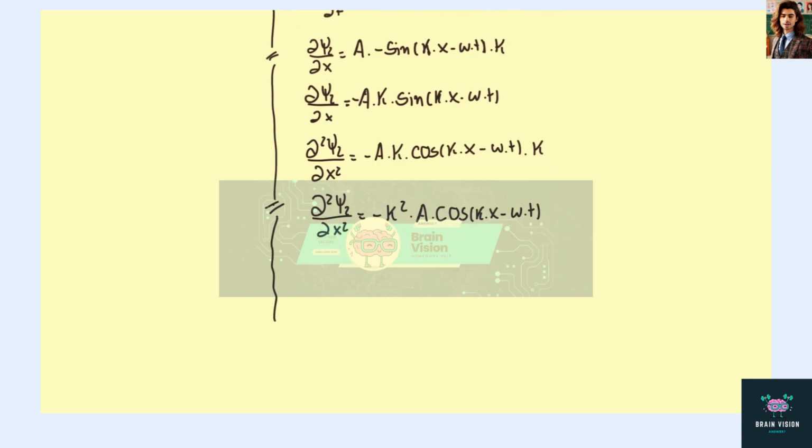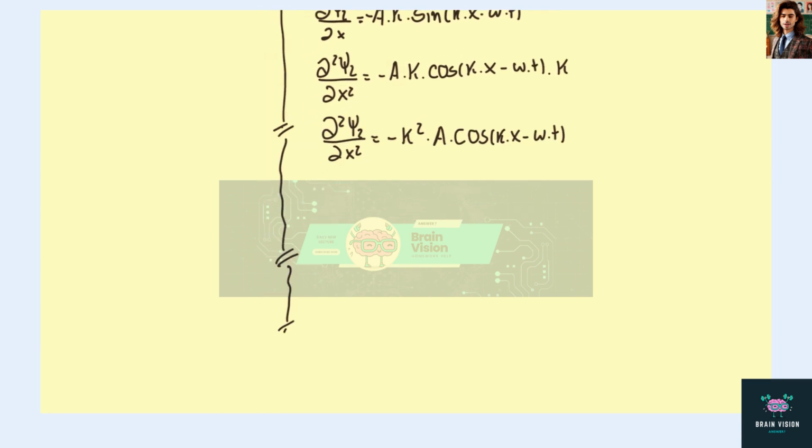So this is it. Now we have to substitute it in Schrodinger's equation and check if it's satisfied. Schrodinger's equation says that minus h bar squared divided by 2m times the second derivative, which is minus k squared times a times the cosine of k times x minus omega times t, plus the potential times psi 2.